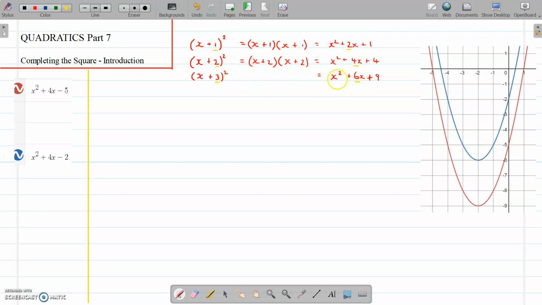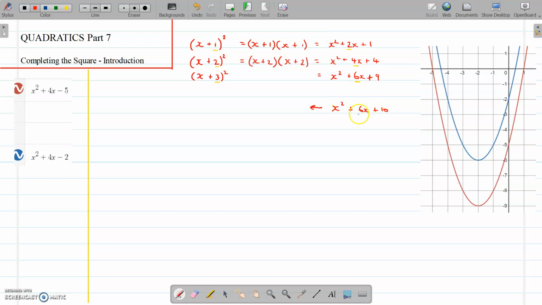But let's suppose this had been x squared plus 6x plus 10 instead of 9, and I wanted to go back into a perfect square.